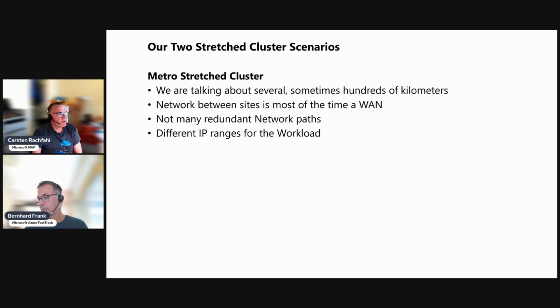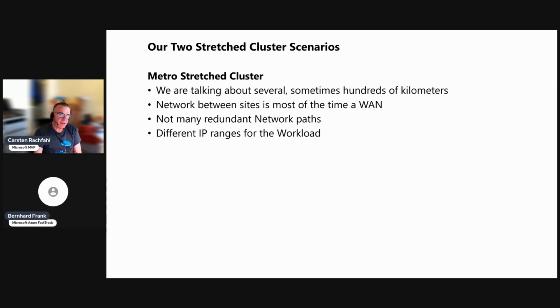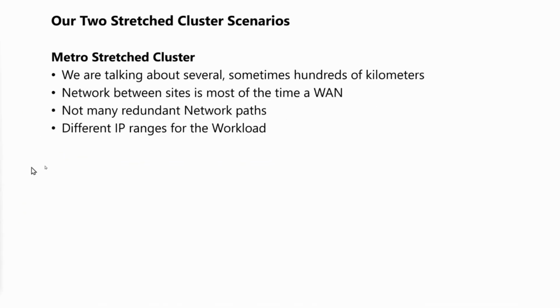So it's not the customer's own network, or they may have dedicated fiber between the sites, which is also possible, but it's a WAN. We don't have many redundant network paths between the sites. Usually, if you go through a WAN, you maybe have one, maybe two different ways to get from one side to the other.